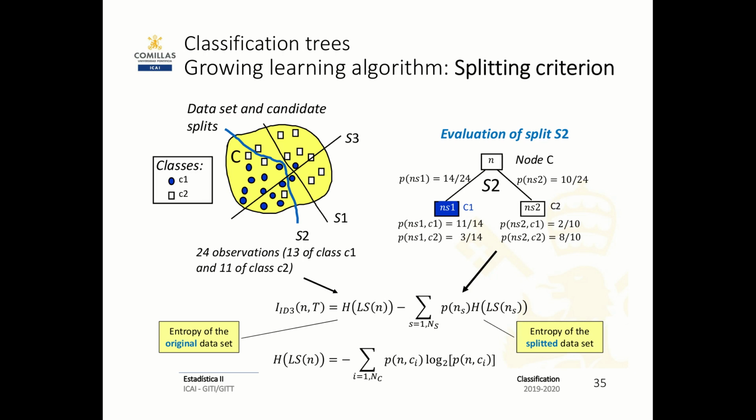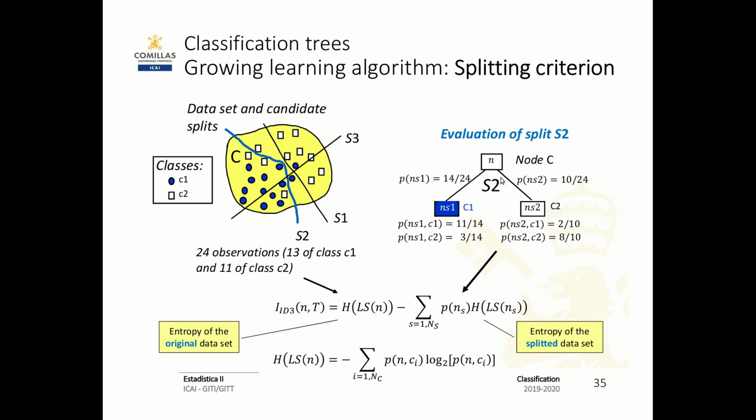So here we have an example. Let's say that we have 24 observations at this node, and 13 are of class C1, 11 are of class C2 at the parent node, and then we are evaluating different splits. So we have the split 1, the split 2, the split 3. Let's evaluate the split 2.